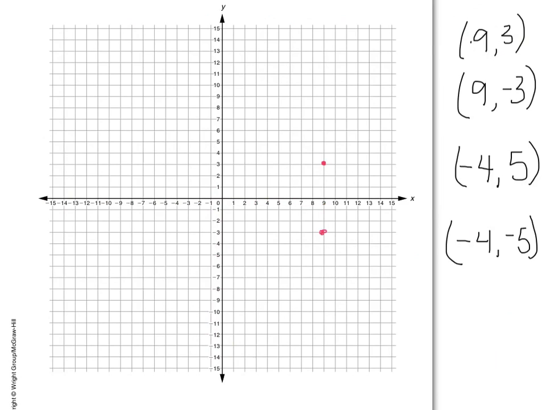Now I'm going to show you negative 4, 5. So I start with the horizontal. Always start with the horizontal. I go then to the left 4, because the first number is negative. I look at the second number, it's positive, so I go up 5. So negative 4, 5 is right here.